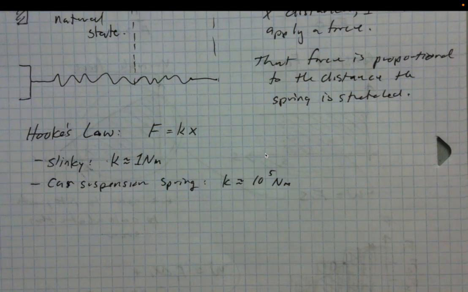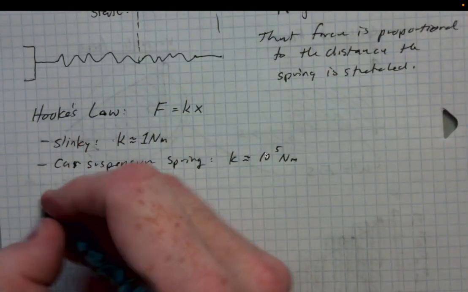But the relationship is true in both cases. A slinky's not as taut as a car spring, but the force required to stretch it is proportional to the distance you're trying to stretch it. Up to a point, and then the spring just breaks. But up to that point, this law of Hooke's holds.